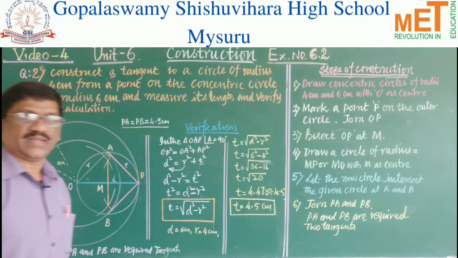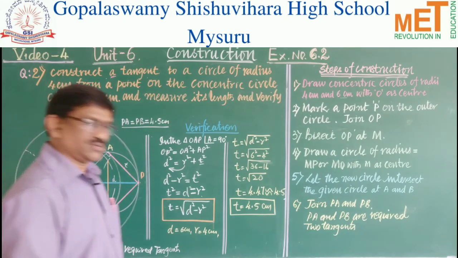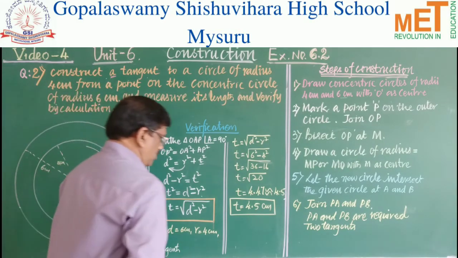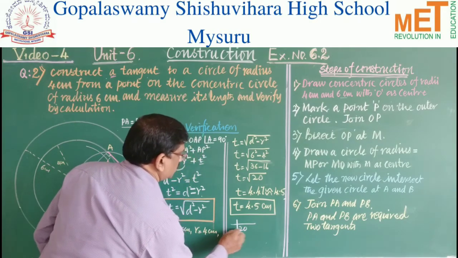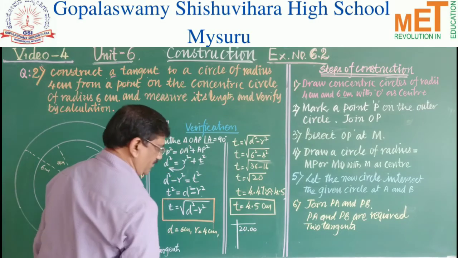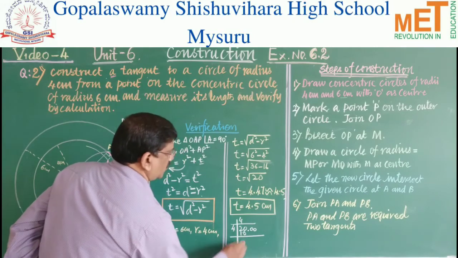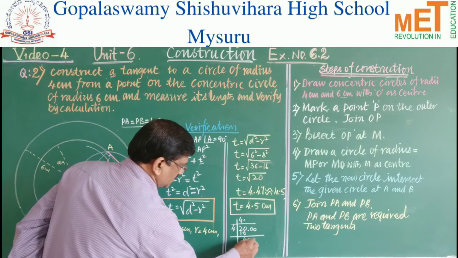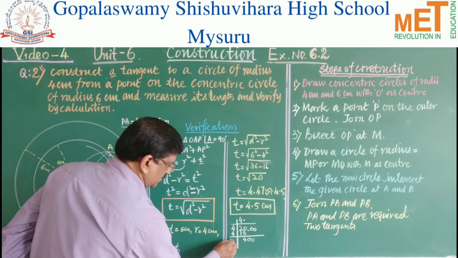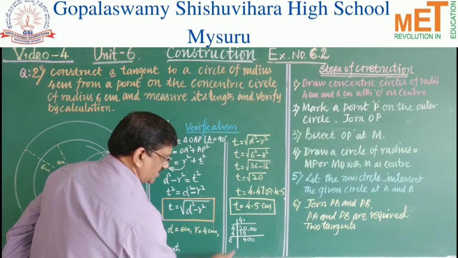Understood, children? So if you want, you can do this calculation for the square root of 20. 4 4s are 16, 4 remains. Shift this point up, bring down 2 zeros. 4 plus 4 is equal to 8. Next it is 400.